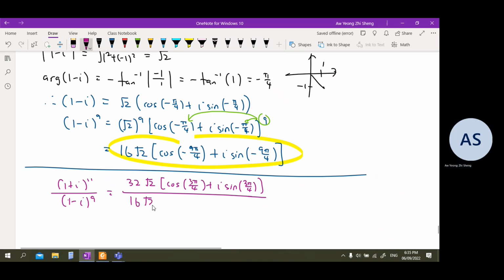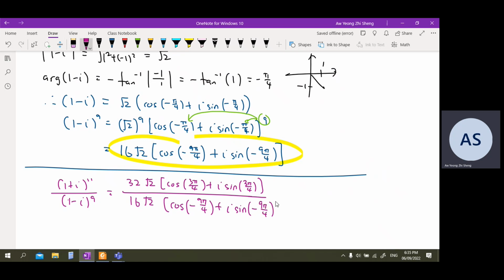I have 16 root 2 cos of minus 9 pi over 4 plus i sine of minus 9 pi over 4.